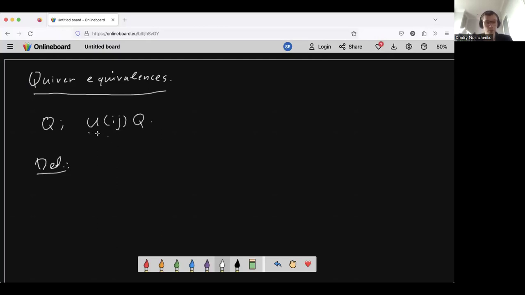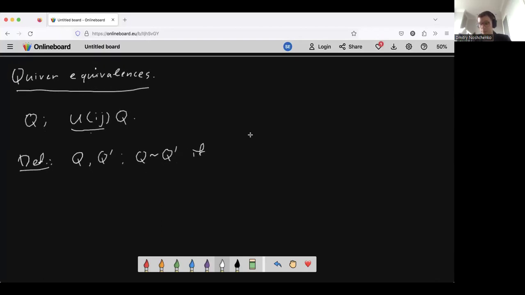It will be more general than unlinking, as you will see in a moment. So we define two quivers, Q and Q prime, to be equivalent if and only if we have the equality of generating series.